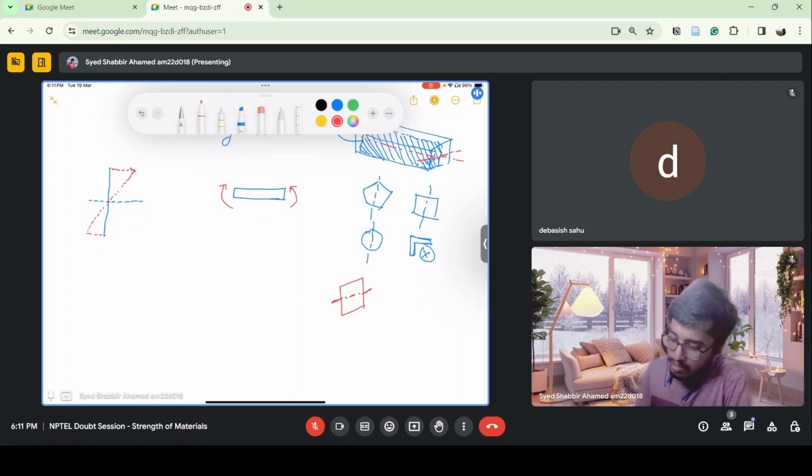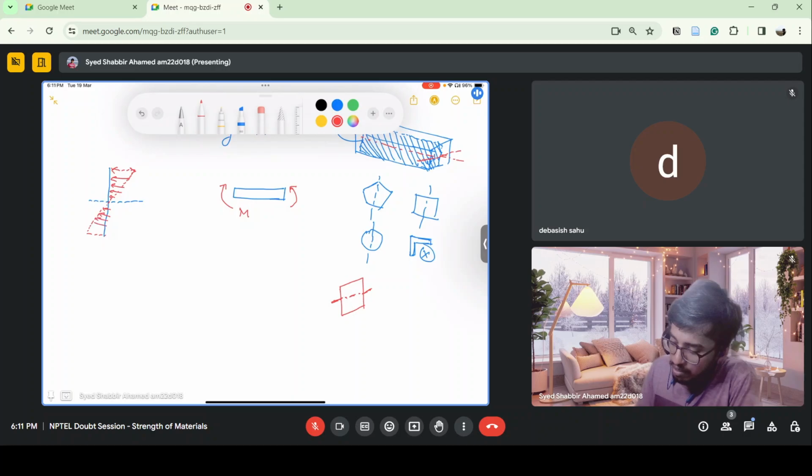So if I have a beam like this subjected to pure bending, which is a positive bending moment, the top fiber will have compression, and it varies linearly from the center, and it reaches maximum at the outer fiber.